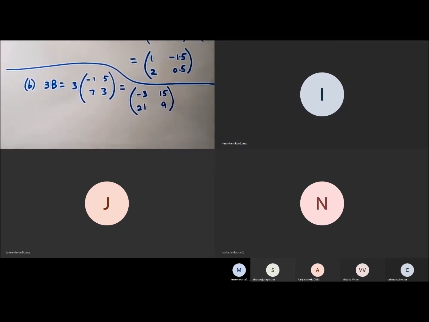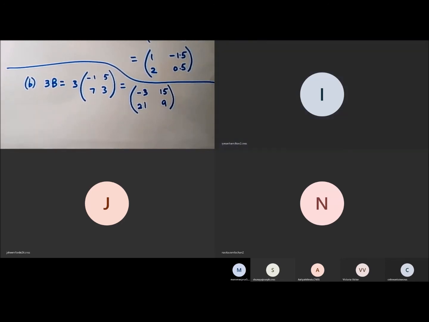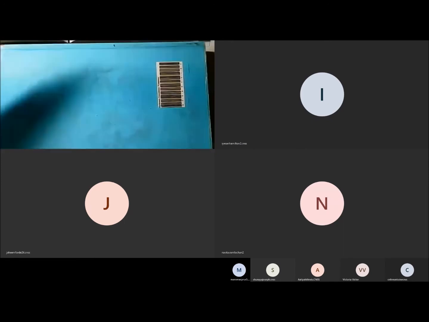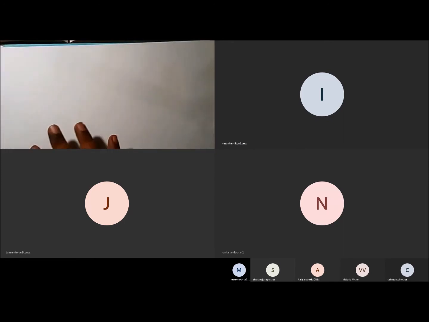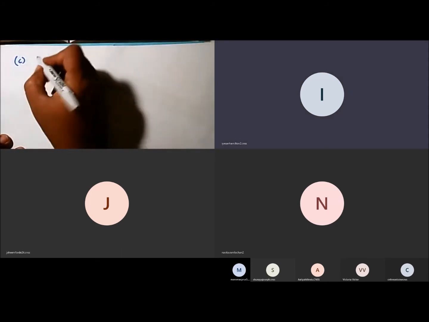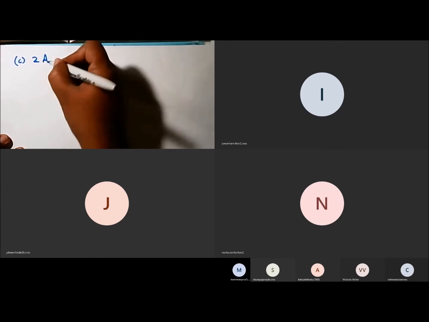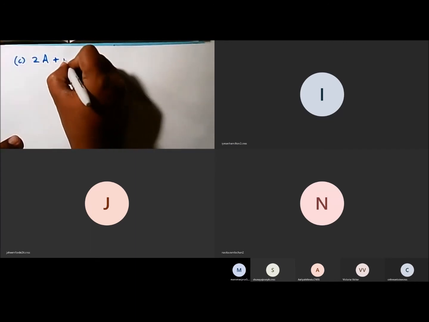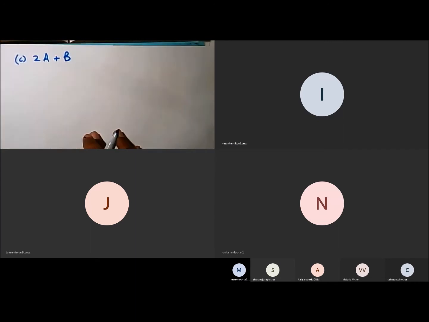Next one is C. I think I'll go to a new page for that, since it might be a bit of writing. Part C was 2A plus B. And things like this sometimes might come in CXC.